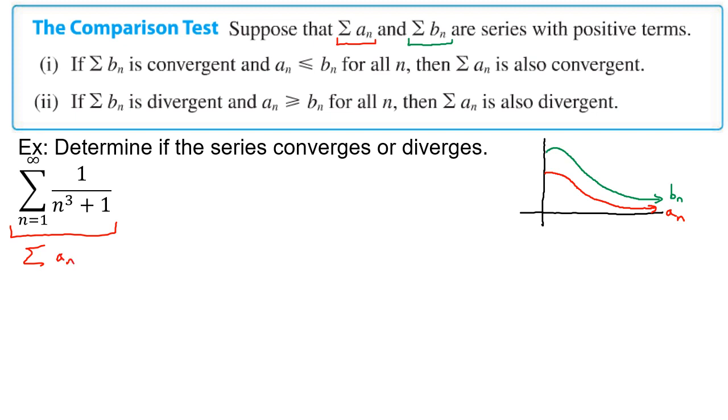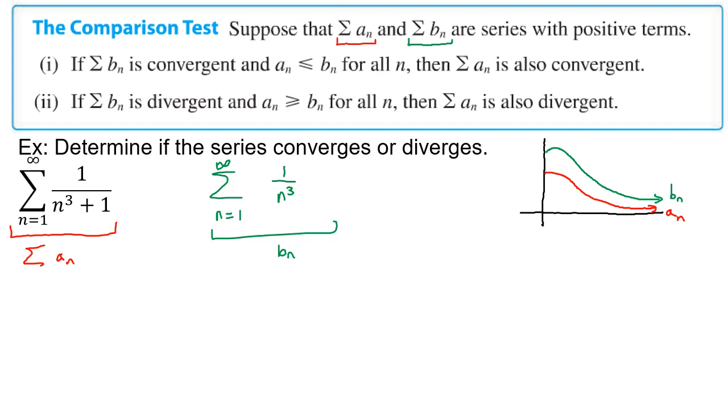I need a series to compare it to that would be the b sub n part. The easiest thing to do, especially if there's something like 1 over n cubed plus 1, if there's something added or subtracted in the denominator, one of the easiest things to do is just drop off what gets added on. So could we possibly compare it to just 1 over n cubed?